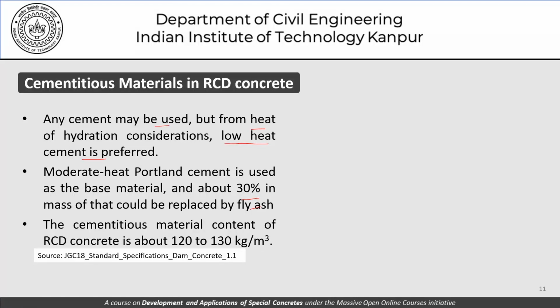The cementitious material content as far as RCD is concerned is about 120 to 130 kg per cubic meter. This number is definitely lower than what we see in most reinforced concrete or even unreinforced concrete.